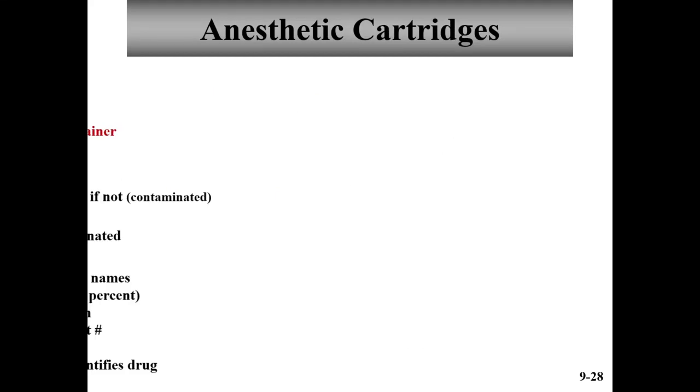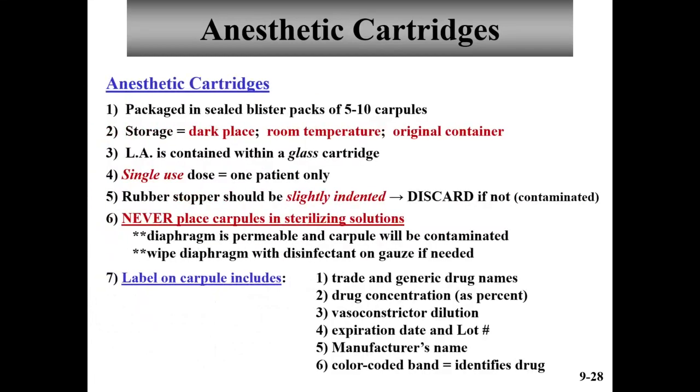Talk a little bit about carpules. We've been talking about anesthetic. In Chapter 5, we talked about all the different types of anesthetics that are available. And I talked about carpules and 1.7 milliliters to 1.8 milliliters of solution in each carpule. A carpule may have 2%, 3%, or 4% local anesthetic agent.